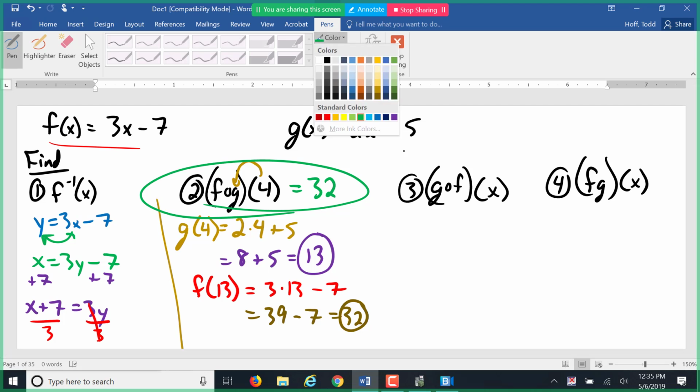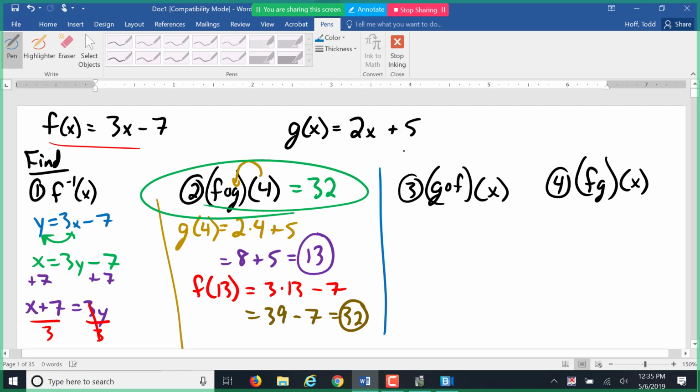Okay. Number 3. F composite g of x means we're just going to do a generic composite to come up with one formula for it. So x goes into f first. So f of x is just 3x minus 7. That then goes into g. So replace x in g of x with 3x minus 7.